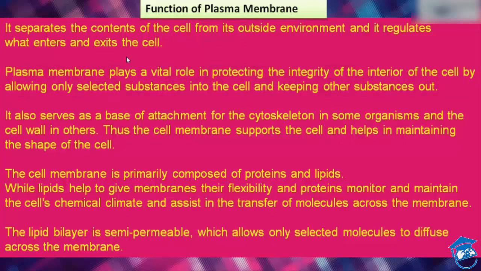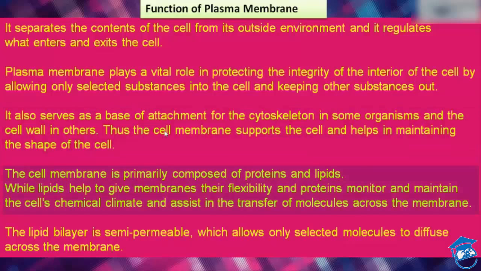It also serves as a base of attachment for the cytoskeleton in some organisms and cell walls in others. That means the plasma membrane acts as a base of attachment for the cytoskeleton, such as microtubules, microfilaments and intermediate filaments, in some organisms and cell wall in others. So the cell membrane supports the cell, maintains the integrity of the cell, and helps in maintaining the shape of the cell.